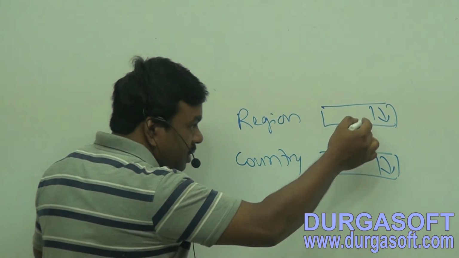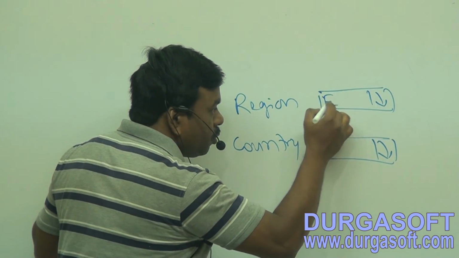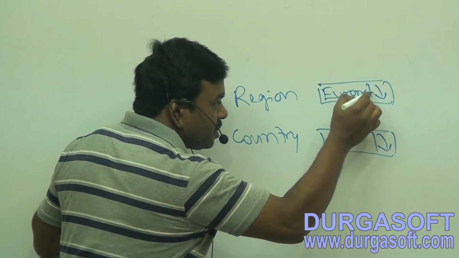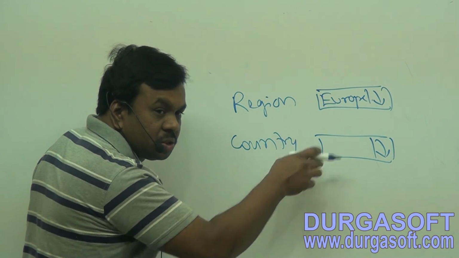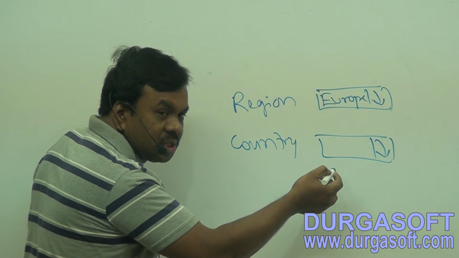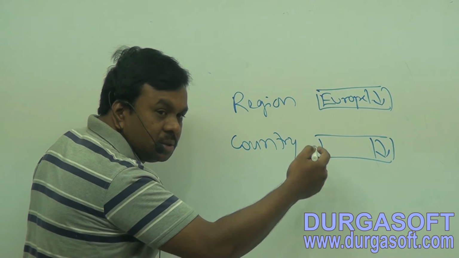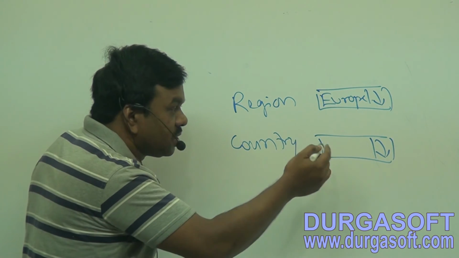Here in this, I select one region, for example Europe. When you select Europe, in this I want to populate the countries belonging to Europe. If I select Asia, in this list I want to populate the countries belonging to Asia, like this.